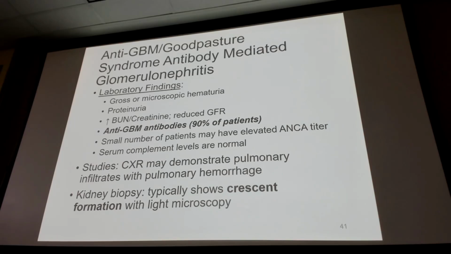Hemoptysis, alveolar hemorrhage. Okay, so if you have a patient that you're presented with and you're thinking, is this anti-GBM? Is it Goodpasture? If they've got hemoptysis, Goodpasture. Okay, think alveolar hemorrhage for Goodpasture syndrome. Okay.